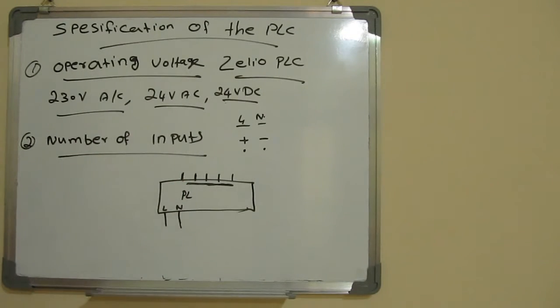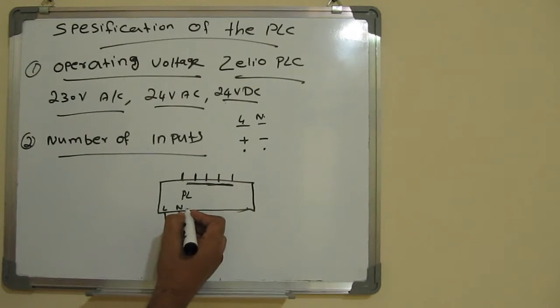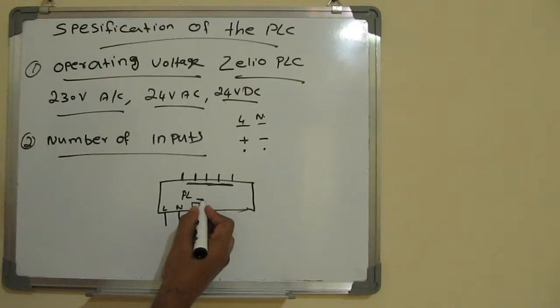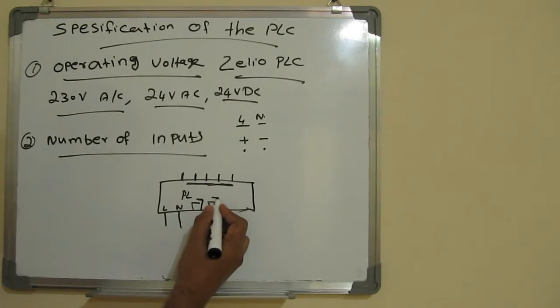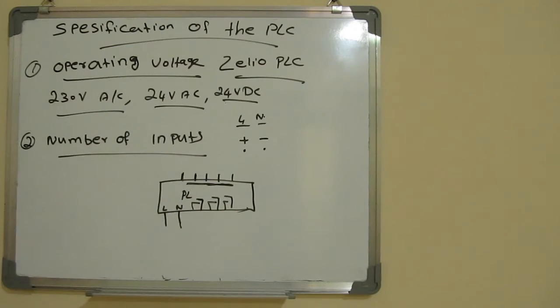The number of outputs also varies depending upon the part number. So before selecting the PLC, we have to consider the operating voltage, the number of inputs and the number of outputs of the PLC.